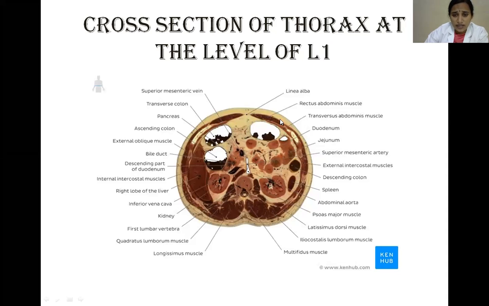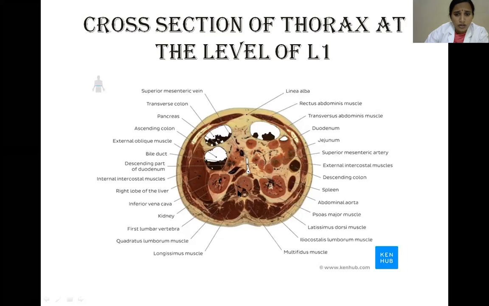On either side of the linea alba, you can see the rectus abdominis muscle enclosed in the rectus sheath. More laterally the ribs, the intercostal muscles, and externally covered by the abdominal muscles, the muscles of the abdominal wall.